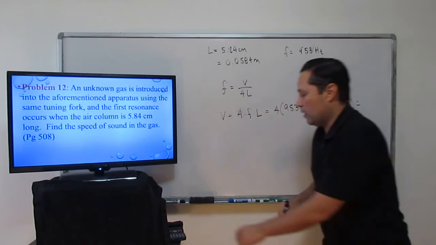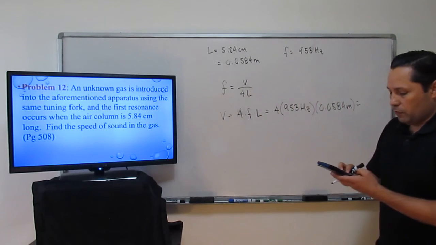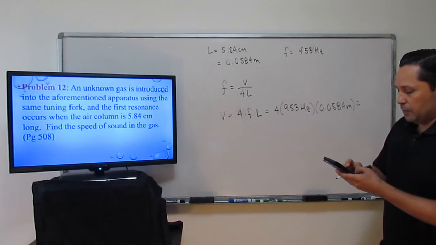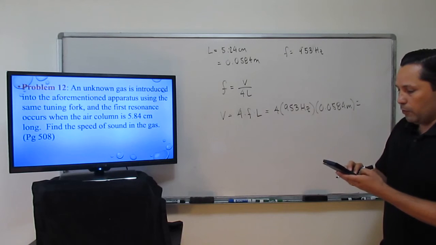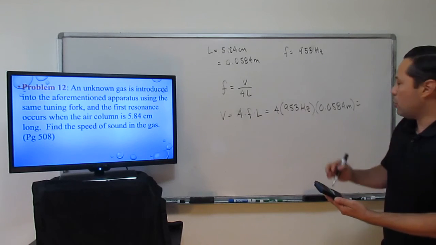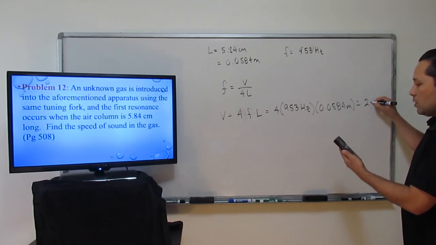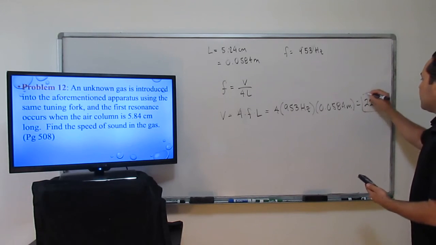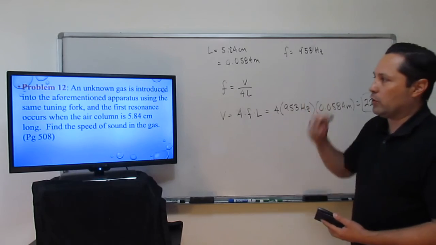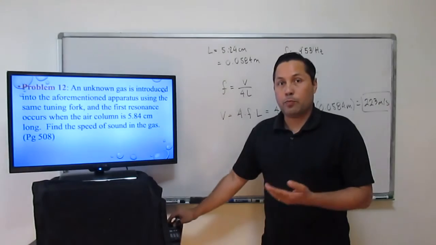Let's see, 4 times 953 times 0.0584 gives us 223 meters per second. And that is the velocity of sound in this new gas. All right, that takes care of problem number 12.